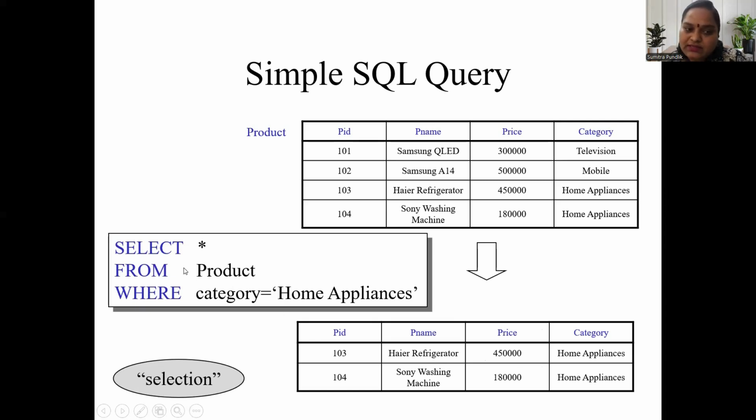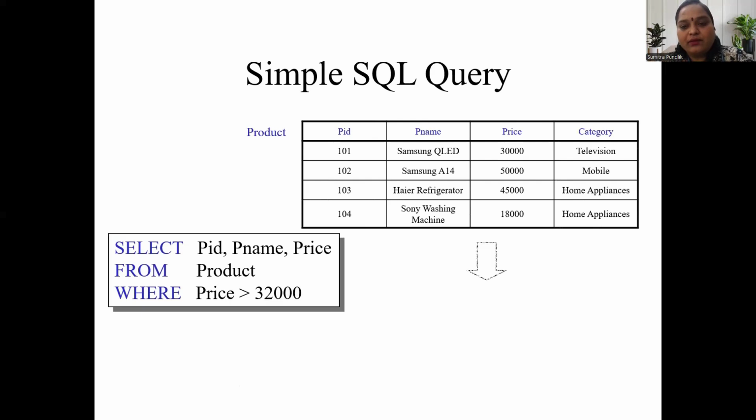Clear with this? Select star from product where category is equal to home appliances. The same select query, but here we have used a condition. This is called a condition clause or where clause, which is used as a part of the select statement.